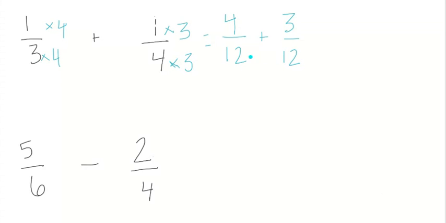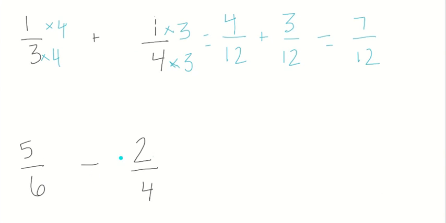Now that my denominators are common, I can add the top. What is 4 plus 3? 7. With the denominator of 12. You never add your denominators, you just write the same one down.